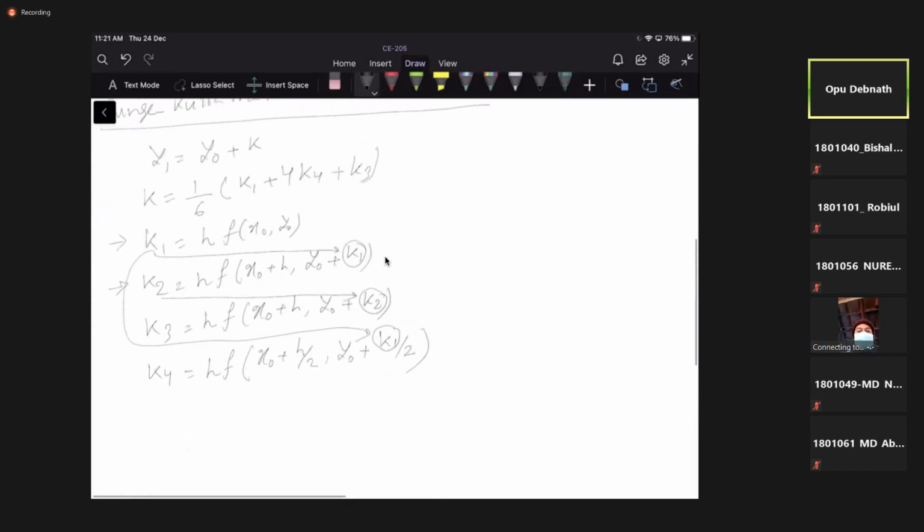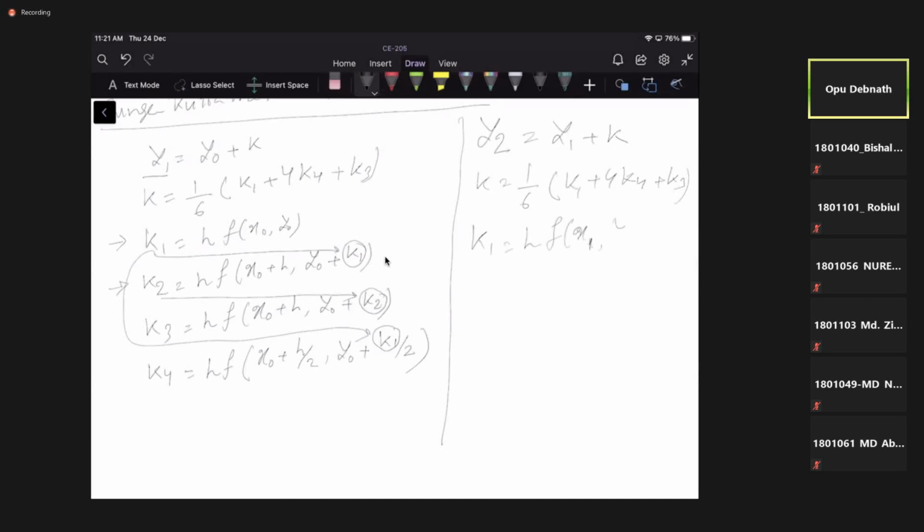While you are calculating for y1, if you go for y2, y2 will be simply y1 plus k, and again this k is equal to 1 by 6 of k1 plus 4 k4 plus k3. Again k1, in this case, will be h function of x1, y1.